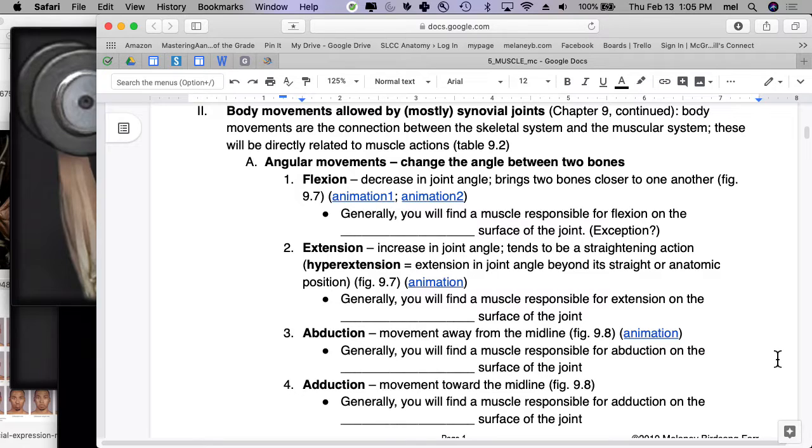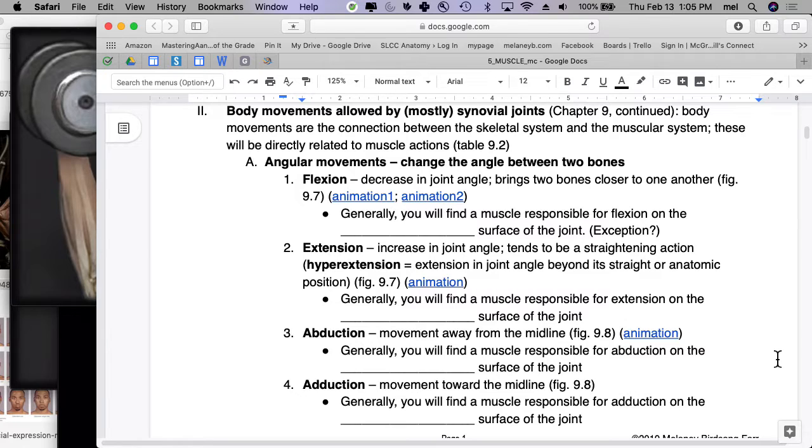So the first set of angular movements we're going to do is the pair called flexion and extension. Let's talk about flexion first, okay? Flexion is defined as, starting from anatomical position, decreasing the angle between two bones, meaning that you have to know what the angle was originally. So if I'm talking about this joint, what's the anatomical position angle of this joint? What is that? 180-ish, right?